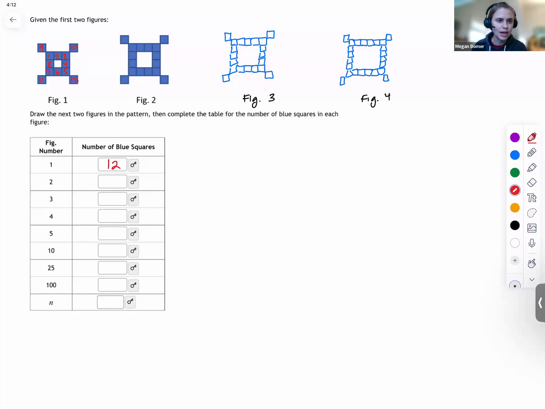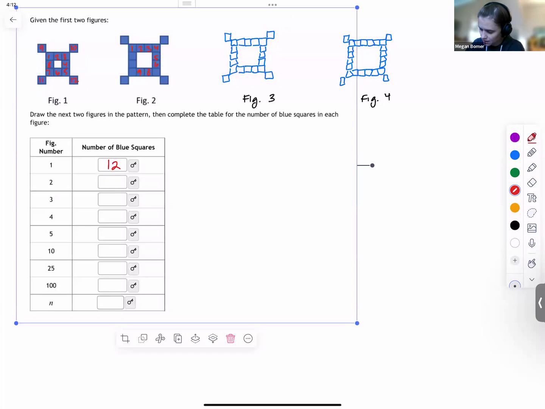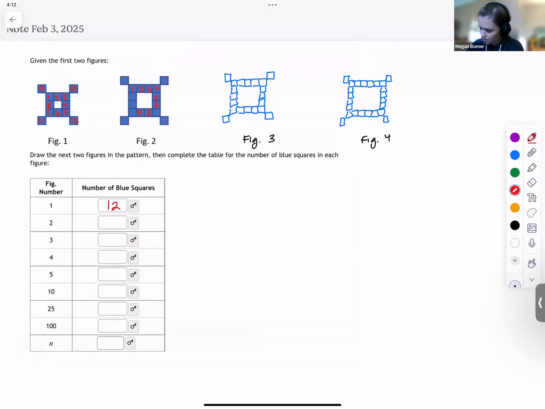So the next we see 1, 2, 3, 4, 5, 6, 7, 8, 9, 10, 11, and 12. And then around the corners 13, 14, 15, and 16 total squares.